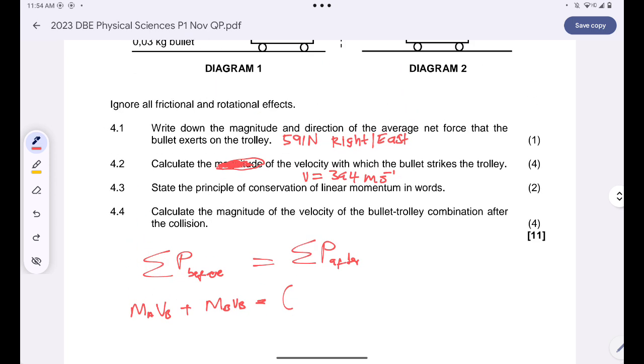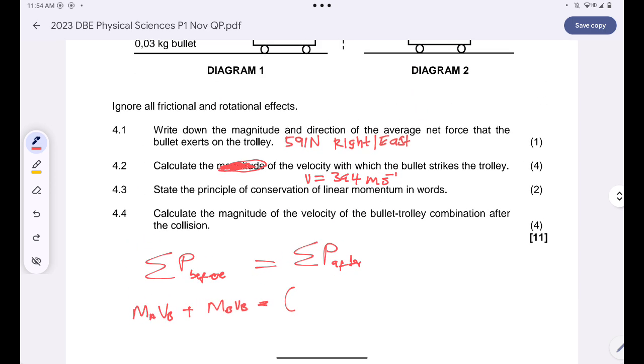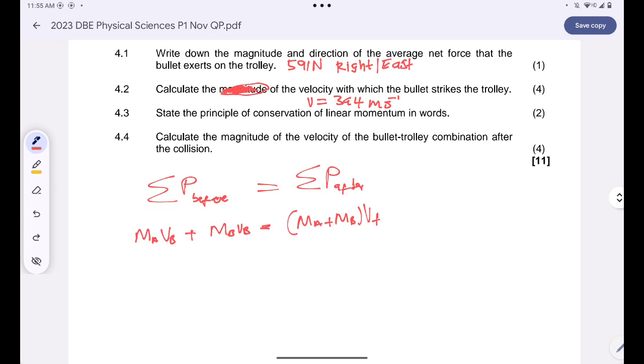After collision, they become one unit, right? So I'll simply have the mass of A plus the mass of B multiplied by the velocity of the bullet trolley combination.